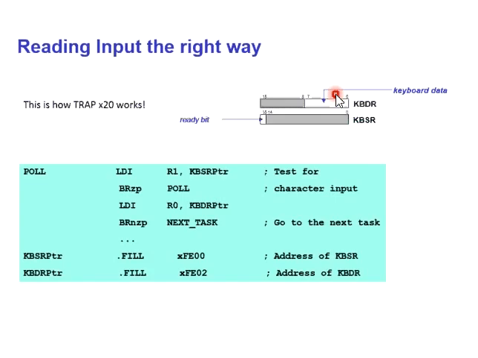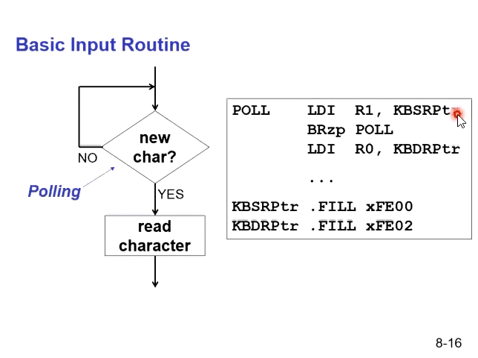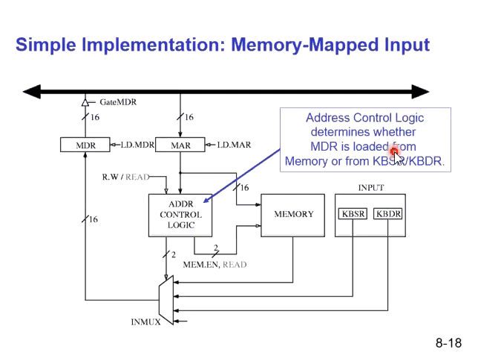For example, first, if you want to read the value from KBSR and assign it to R1, we have to go to the memory, because we use LDI. We want to read out the value from KBSR in the memory and put it into register R1.